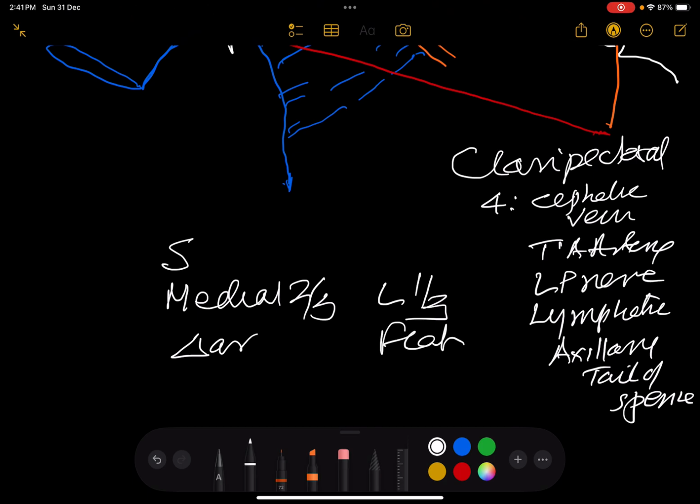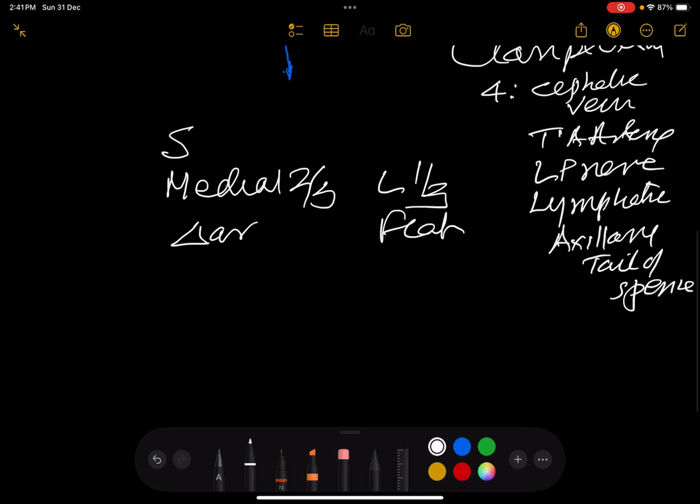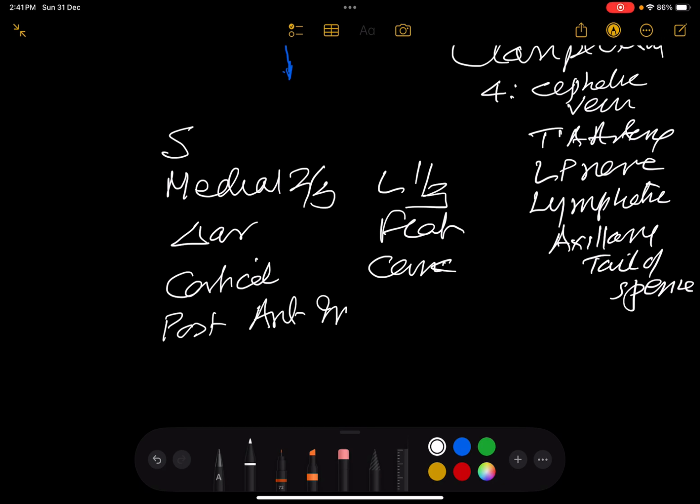So this is cancellous. This is cortical. It has got a posterior border, an anterior border, and an inferior border. The inferior border has got a groove in the medial side, which is the subclavius groove.